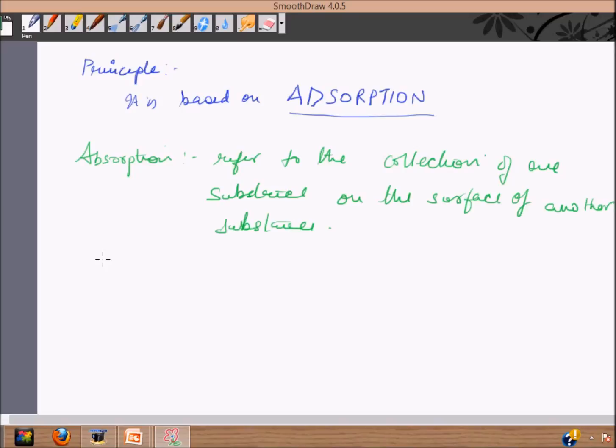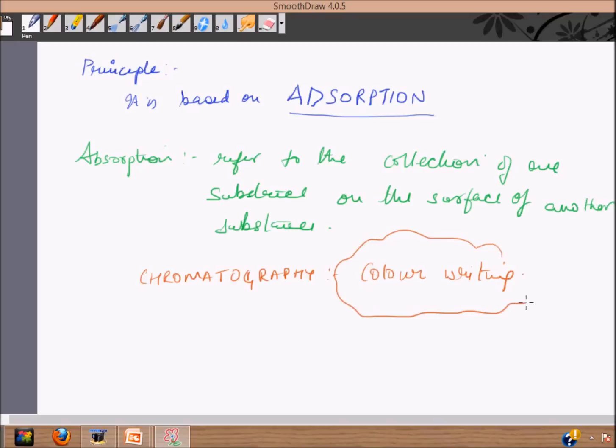As the name chromatography means color writing, right?